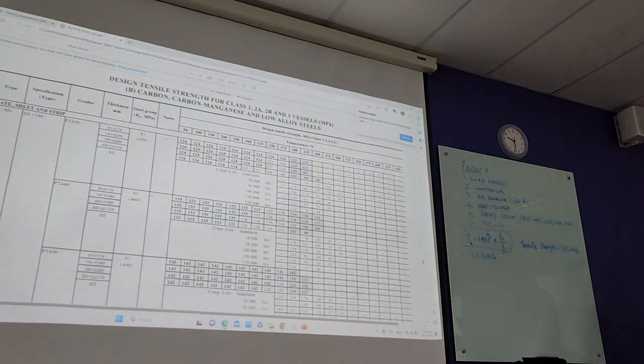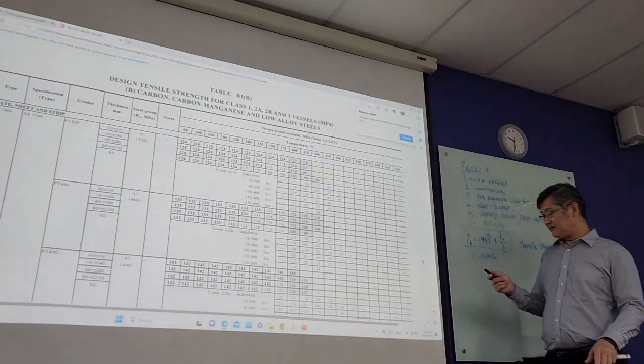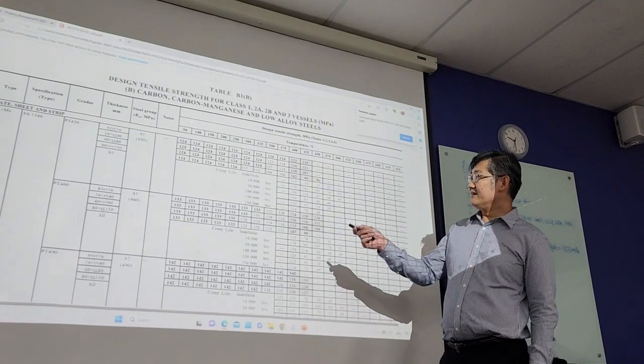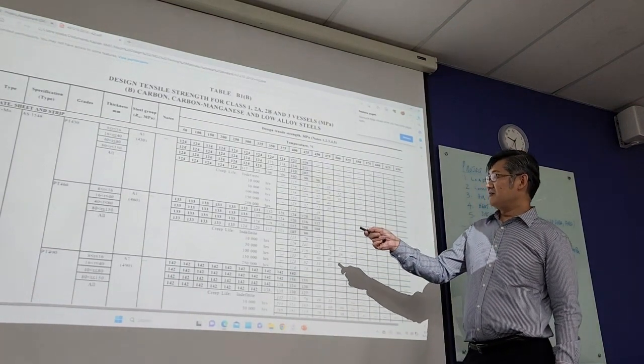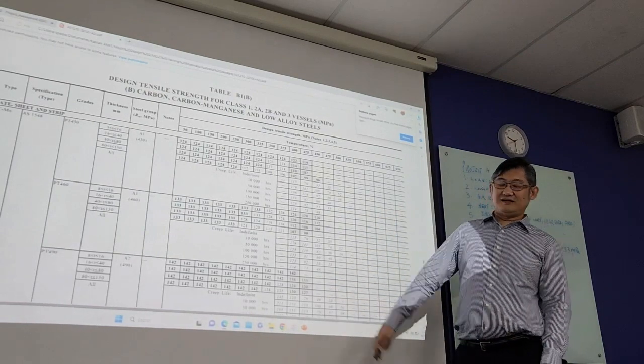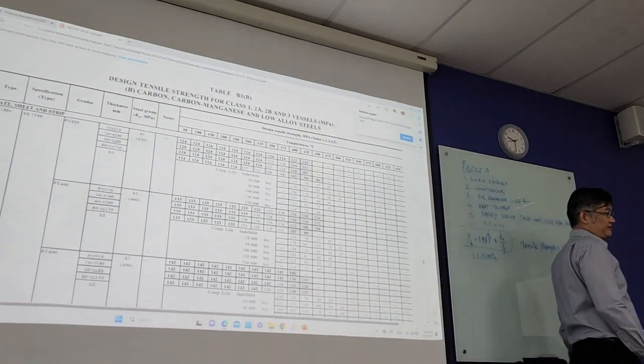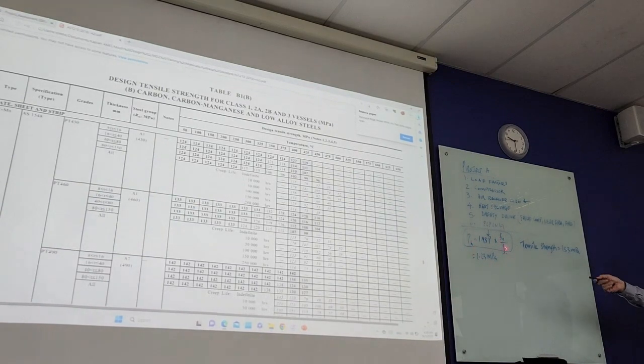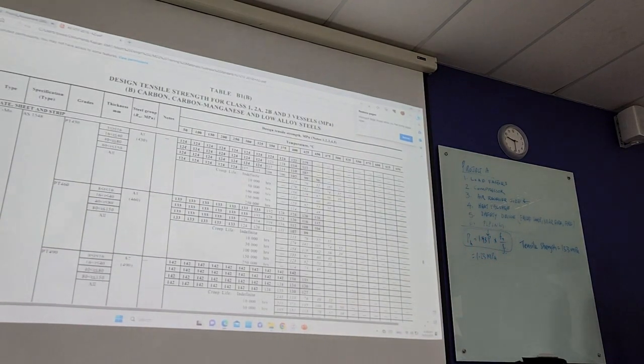Because our 20 degrees Celsius is similar to this 50. Then after that, our requirement is 100. So 133 over 133, you get 1. That's why over here you get your hydrostatic pressure easily.